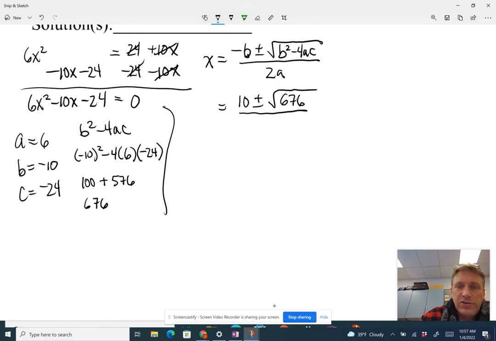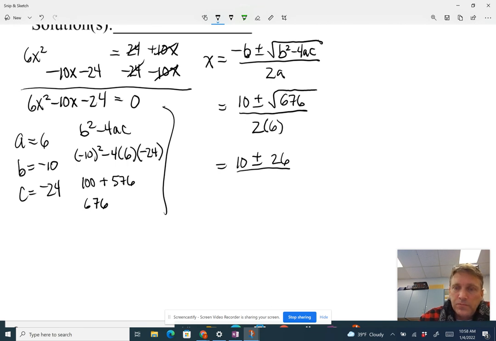And this is all over 2 times a, and a is 6. Now I want to see if the square root of 676 is a perfect square. So I put that in my calculator, the square root of 676, and it is 26. So I get 10 plus or minus 26, and this is all over 2 times 6 or 12.